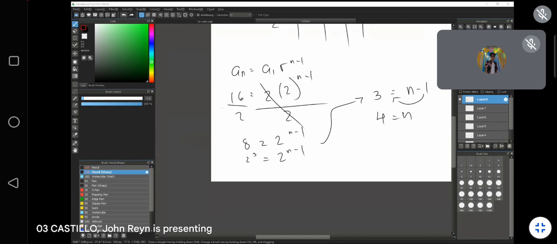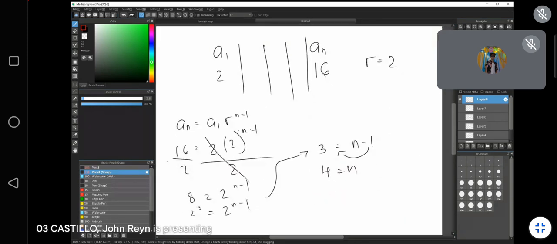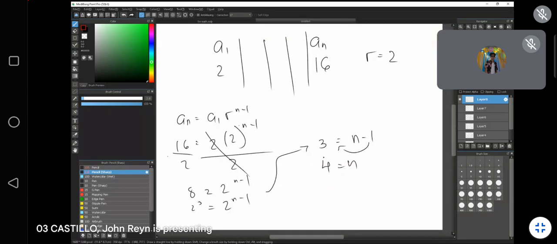Okay. So, he got that 3, those are exponents, and then is equal to n minus 1. And n, transpose the negative 1, no? Okay, wag kayong magsusulat ng n is equal to. Do not, no?